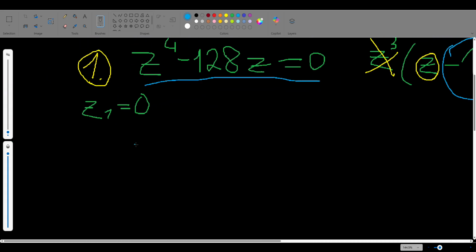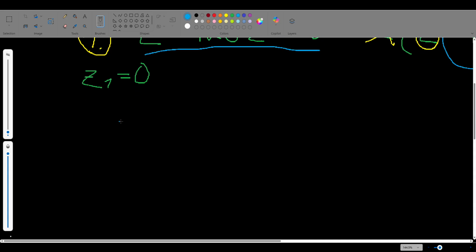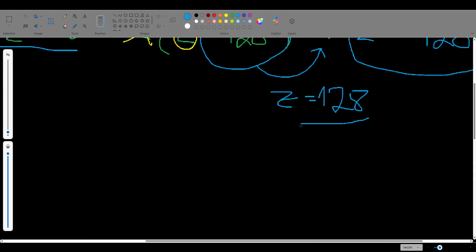Now we need to define a couple of other things. So let's define our modulus. Our modulus r is equal to the square root of a squared plus b squared, where b is the imaginary part. But as you can see over here, we don't have an imaginary part.